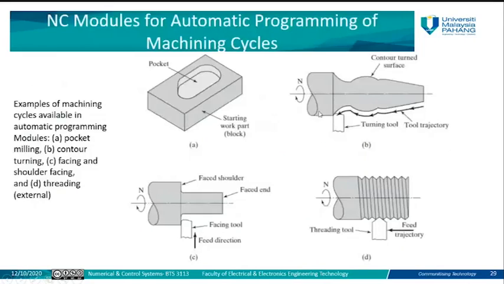No need to ask the machine to go in a straight line, then circular, and so on. You just need to use the turning modules here. So these turning modules will be used to perform the task of contour turning. This face and shoulder module will be used for this task, this will be used for that task, and so on.